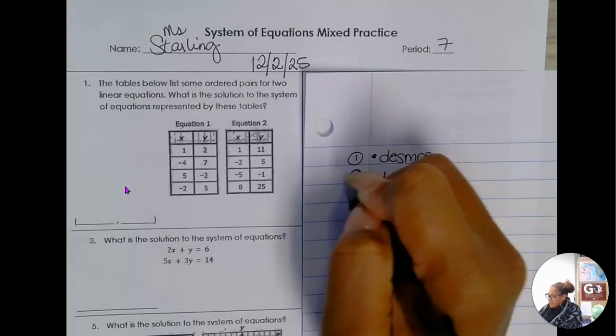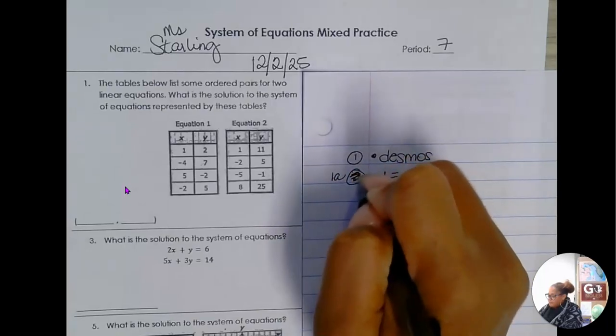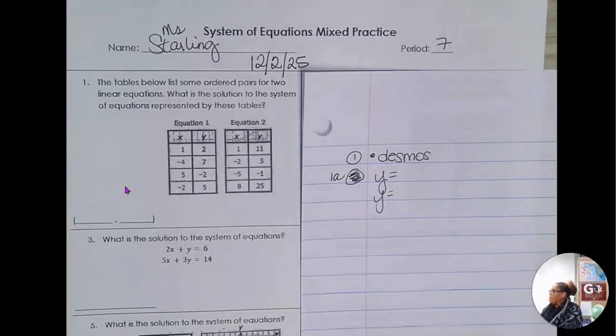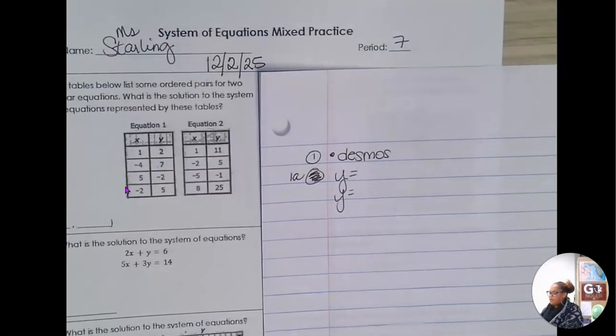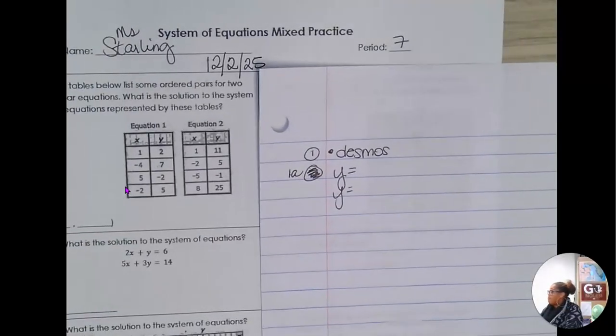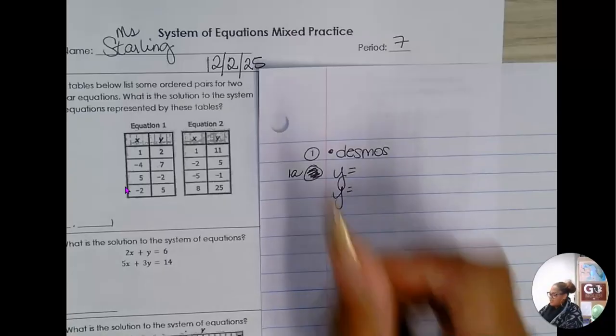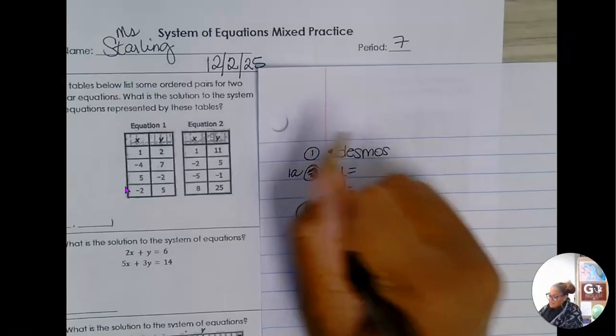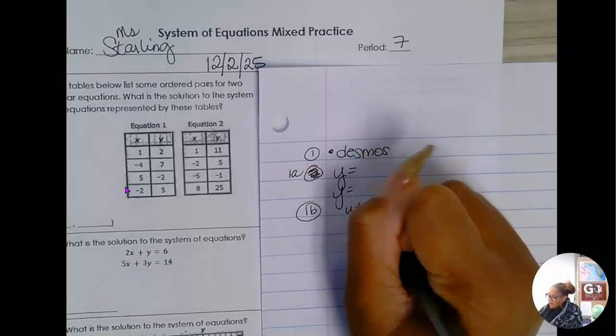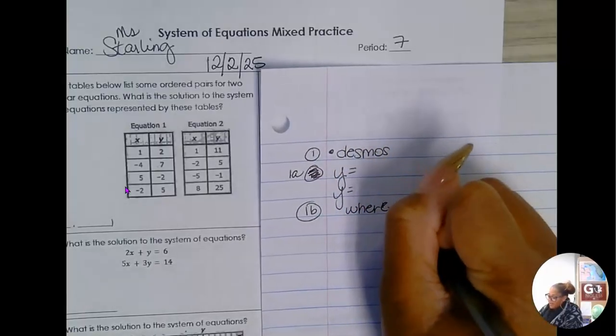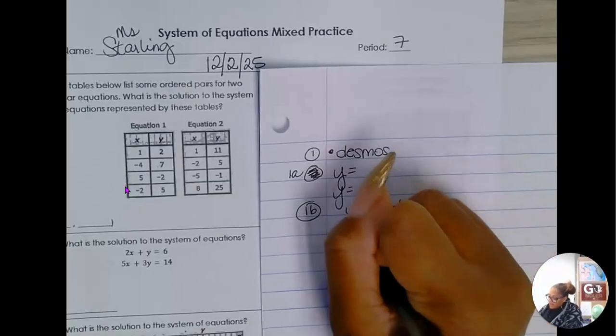Well, this is technically 1a. It graphs it for you. And what am I looking for on that graph? Where they intersect. So 1b, and this is my answer, is where they intersect.